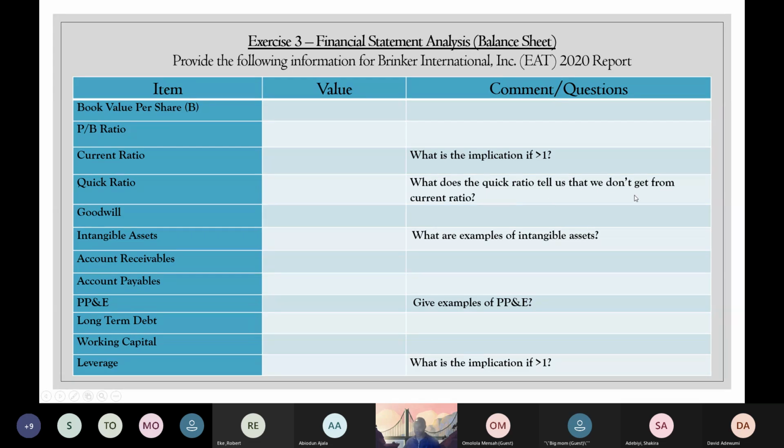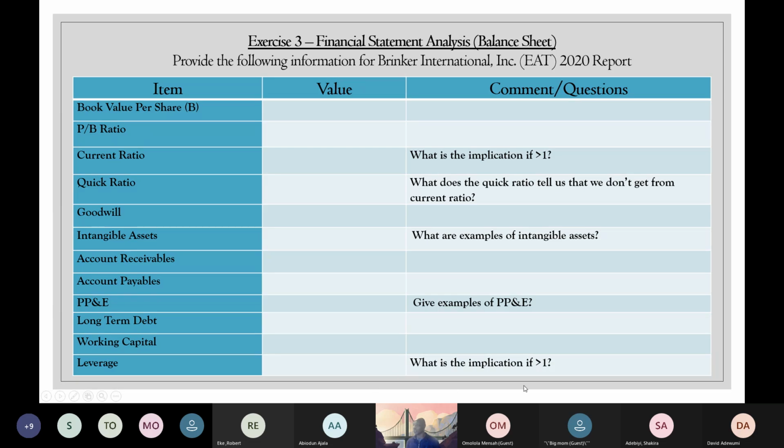Again, please write it down for yourself so you can go back to it and remember. Goodwill, what's their goodwill? Just look at it on the balance sheet. Intangible, account receivables, payables, PP&E, long-term debt, working capital, and leverage. And there's a question here, what is the implication of leverage being greater than 1?